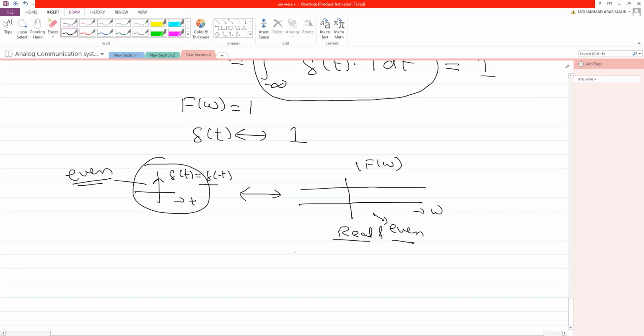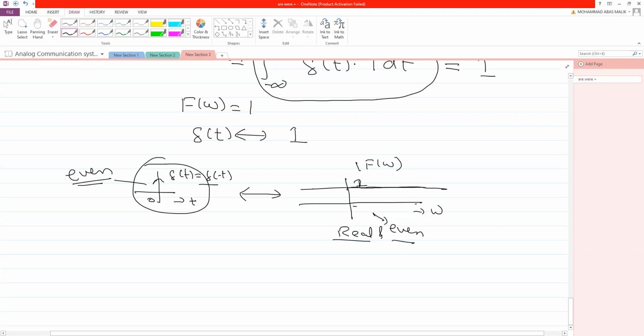Now I will tell you one thing: delta of t, which is present in the time domain at the origin only, contains all the frequency components. Means delta of t will contain all the frequency components from 0 to infinity. Look, because its value is always equal to 1 everywhere. It's independent of omega, so it will contain value 1 everywhere.